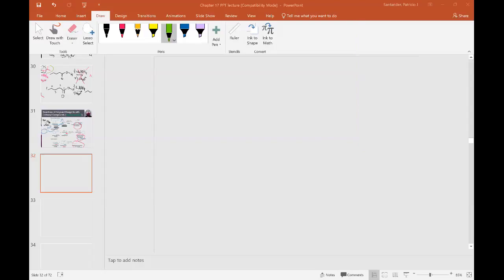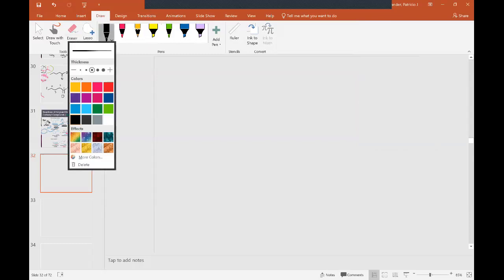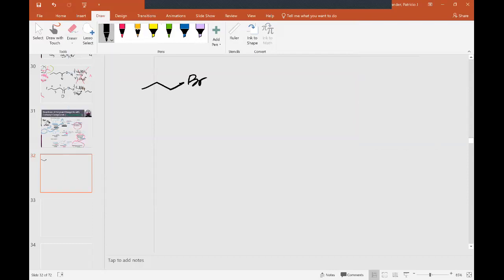Well, the lesson in the previous meeting was that if we use formaldehyde as the carbonyl group in the Grignard reaction, then we get a primary alcohol, right? So let's say that I use an alkyl halide like this, and then I transform that into a Grignard reagent.